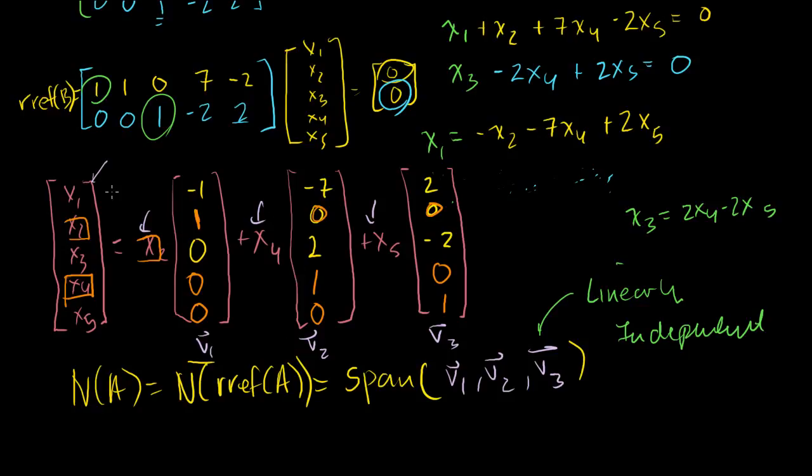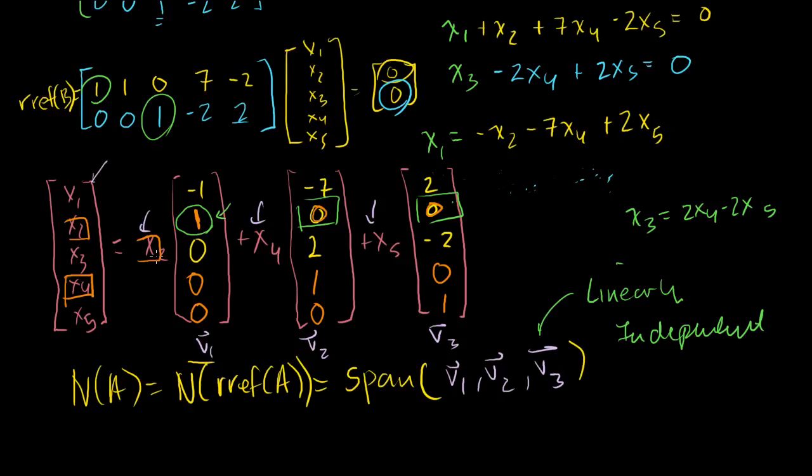This v1, he has a 1 right here. He has a 1 in the second term because he corresponds to x2, to the free variable x2, which is the second entry. So we just threw a 1 here, and we have a 0 everywhere else in all of the other vectors in our spanning set. And that's because for the other free variables, we always wanted to multiply them times a 0, right? And this is going to be true of any kind of null space problem we do.